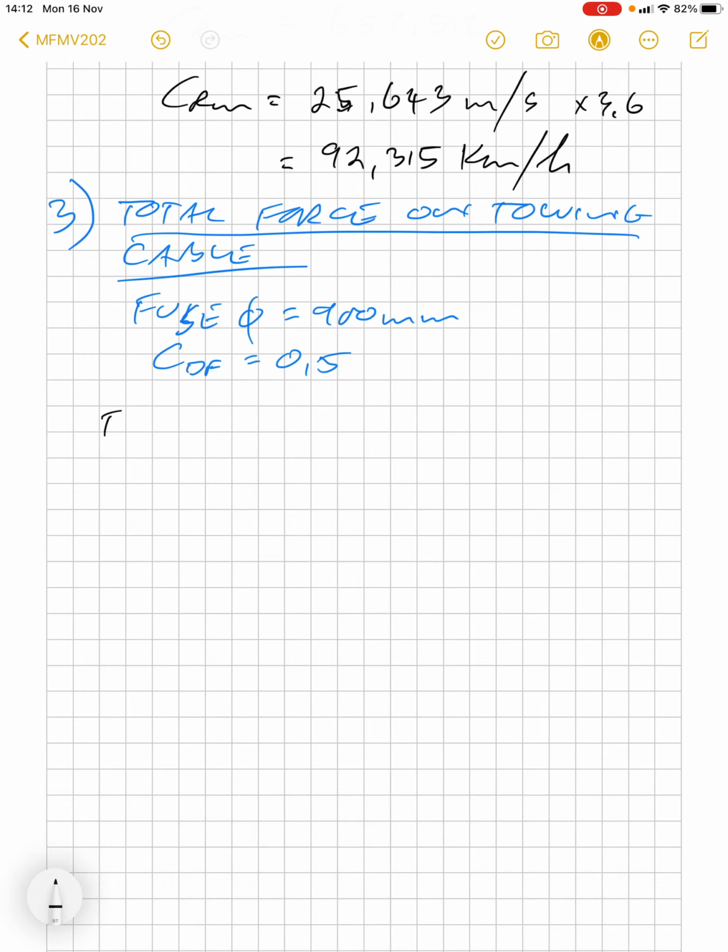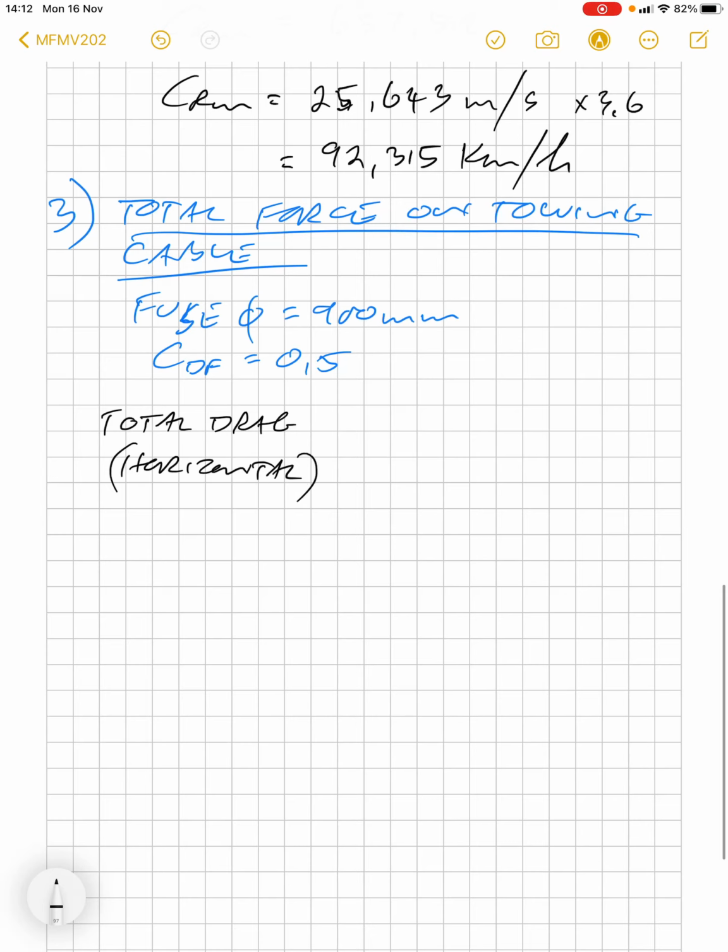So now we're going to look at our drag formula. So our total drag in the horizontal direction, that's FD cos BM plus FL sine beta M plus our fuselage drag.